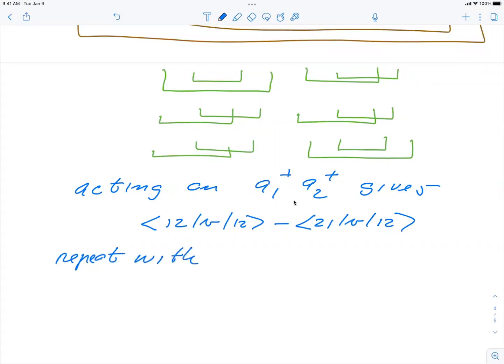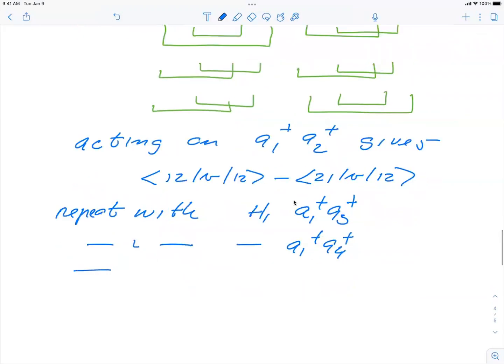with H1 acting on A1 dagger and A3. So instead of having 2, I take 3. And then you would repeat again with H1 acting on A1 and A4, right? So if you look at the contractions now, you shouldn't be surprised to see that 2 is replaced by 3.